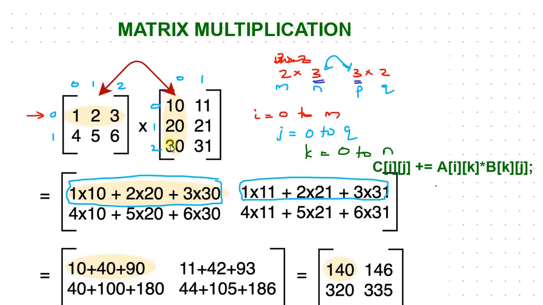And when we come over here, we have 10, 20 and 30. At that time the row number is changing, right? So that's why we put the k over here, because the row number will be changing 0, 1, 2 like that, while the column number remains the same. And in A, the row number remains the same, but the column number changes. Okay, so that's why we are writing in this particular manner.